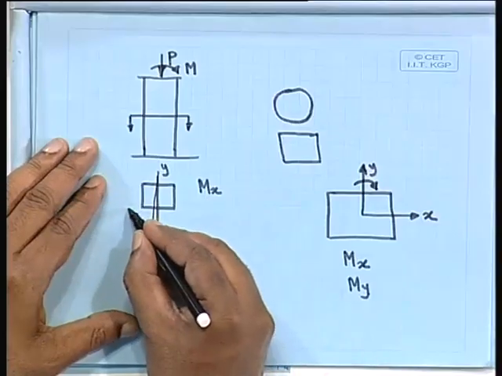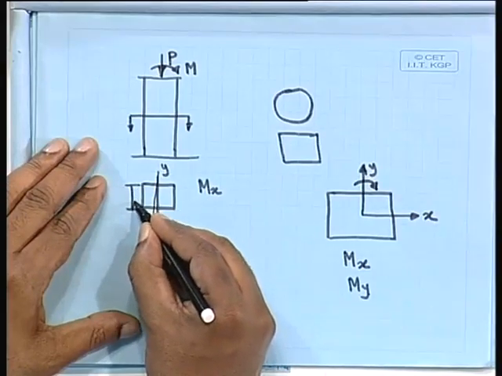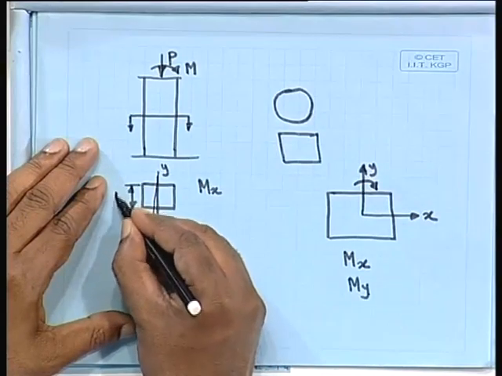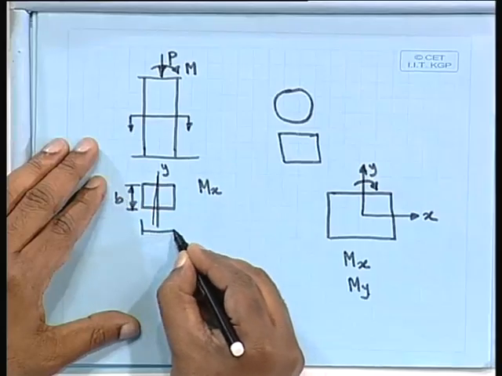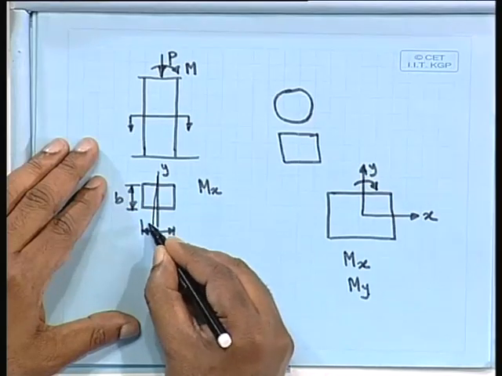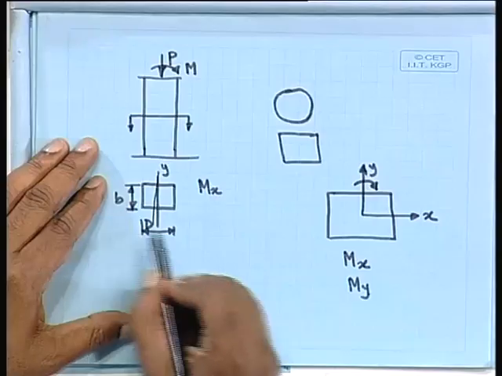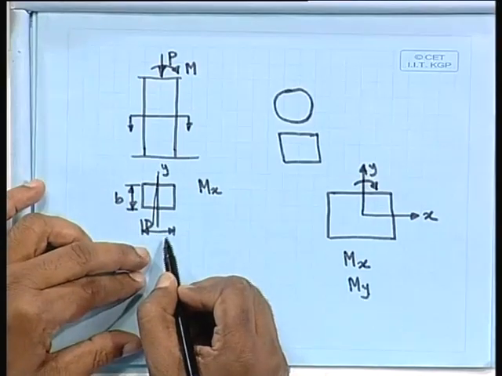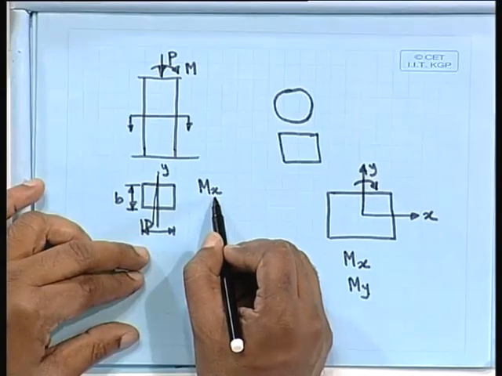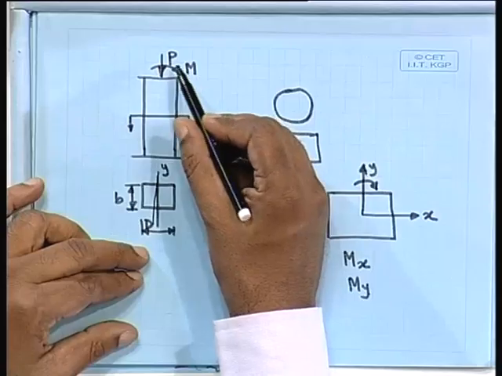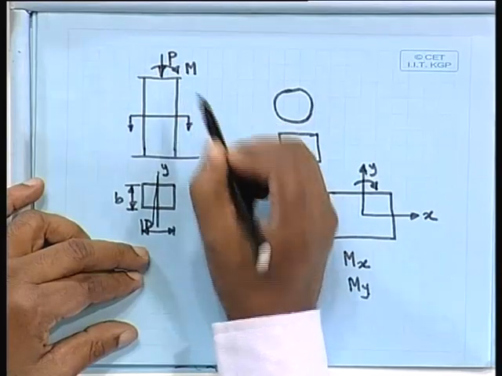Now, this is your dimension b and this is your dimension d. Our objective here is to resist this moment Mx, and P also, that axial load.